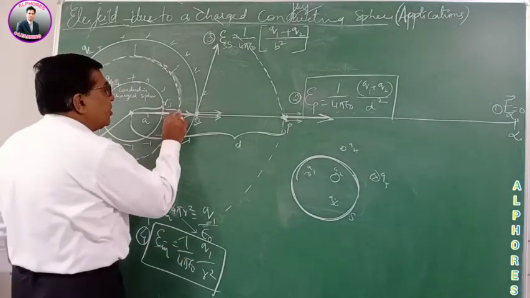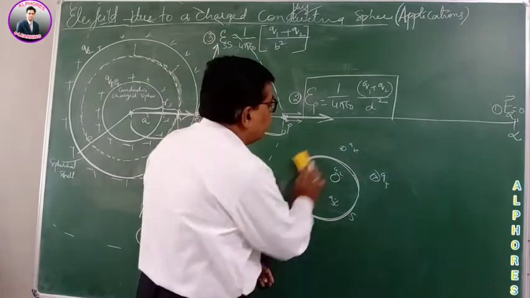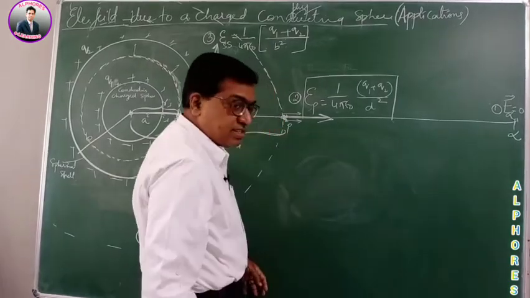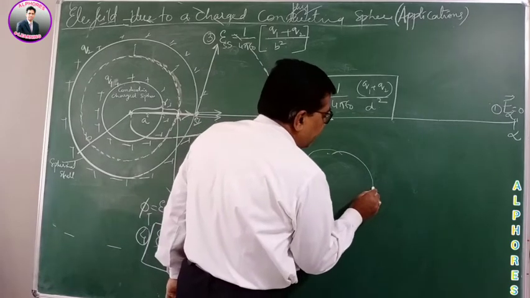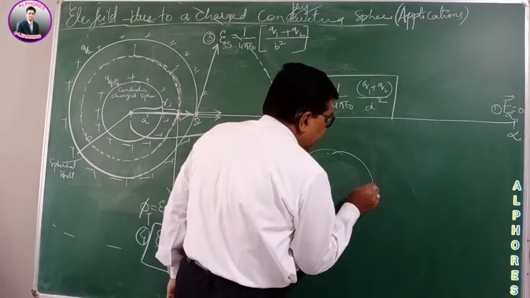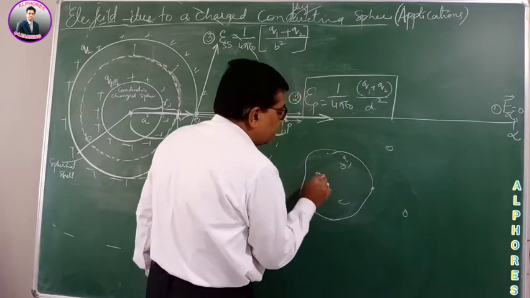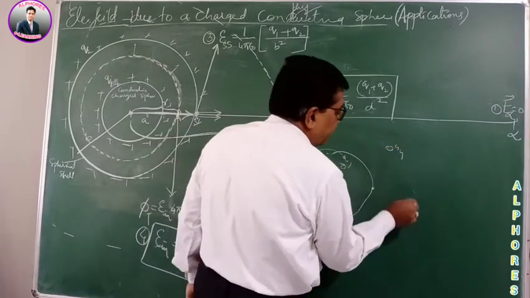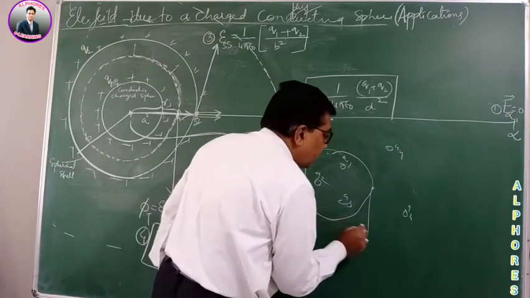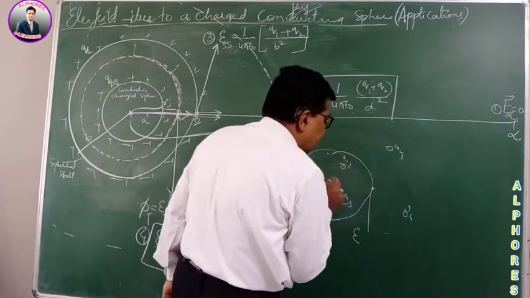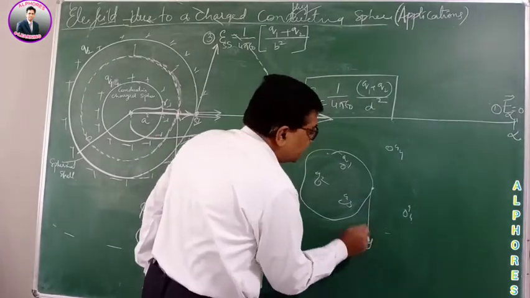But I was telling you, when I was stating Gauss law, the electric field at any point here is due to all the charges in the vicinity. Suppose this is Q1, Q2, Q3, Q4 and Q5. The field E here is due to all the 5 charges into ds, the total flux.